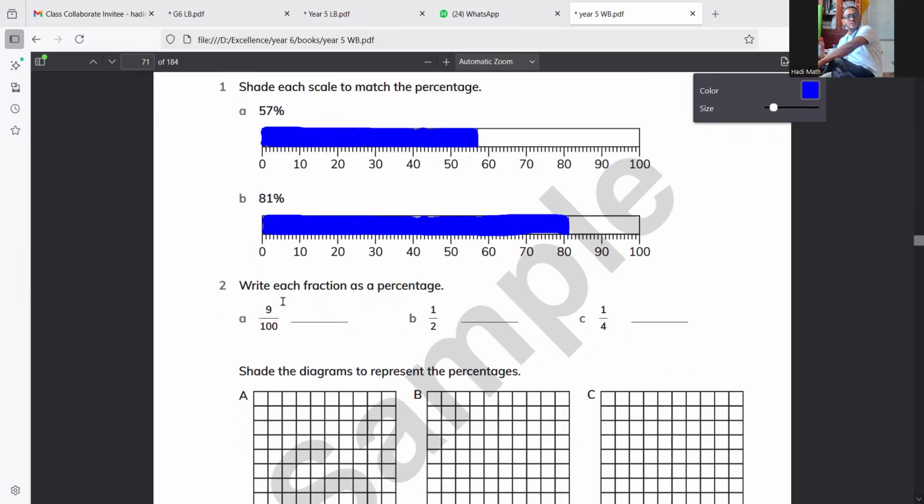And in this question, they ask you to write each fraction as a percentage. To make a fraction a percentage, put one thing in your mind. You are grade 5.